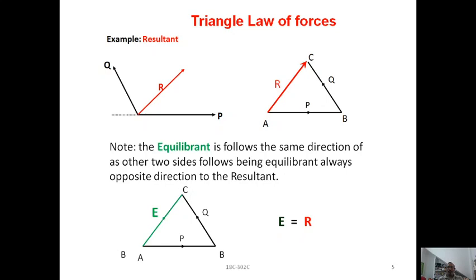If the other two sides make a clockwise direction, then the equilibrant also makes a clockwise direction. That is the major difference between the resultant and equilibrant.